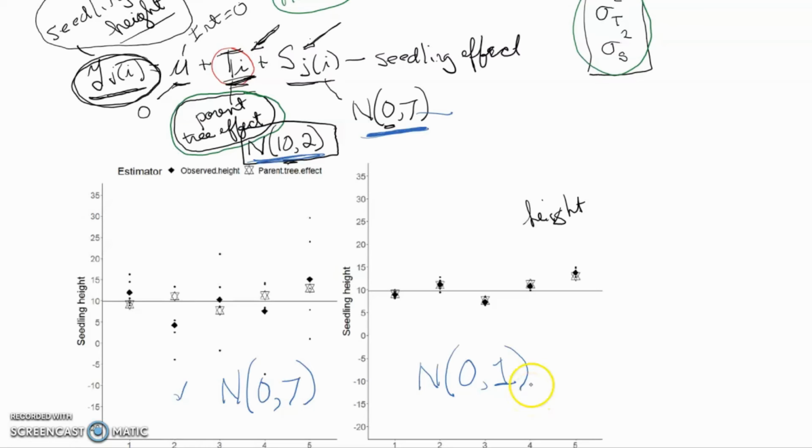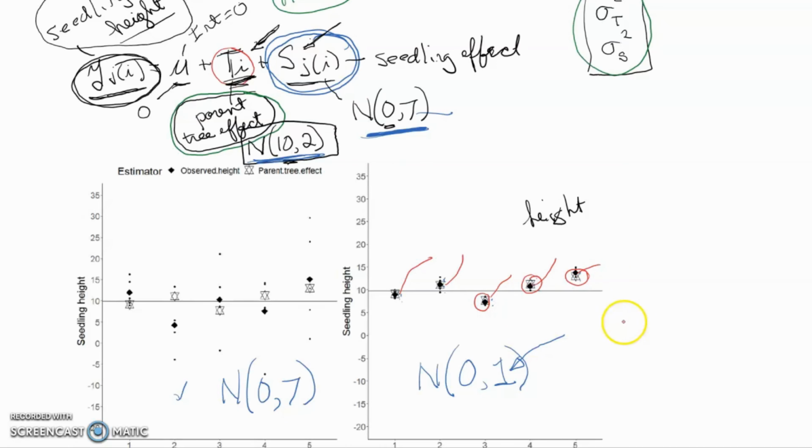So as a consequence of these values of the seedling effect, now drawn from a population with a much smaller standard deviation, you can see that the scatter around the Stars of David is much smaller, and the observed average of those 5 values is very close to the true tree effect.